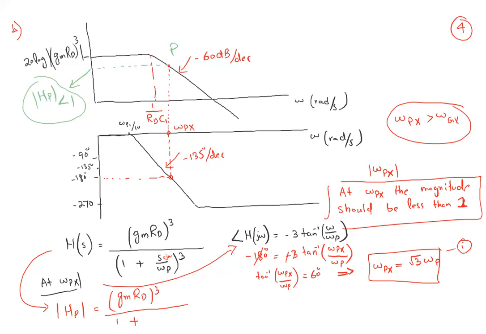At what frequency we are seeing? Basically we are seeing at phase crossover frequency, which is omega px for us. So we need to bring out omega px here, ठीक है? तो मैं इसकी जगह लिख दूंगा 1 plus omega px divided by omega p.